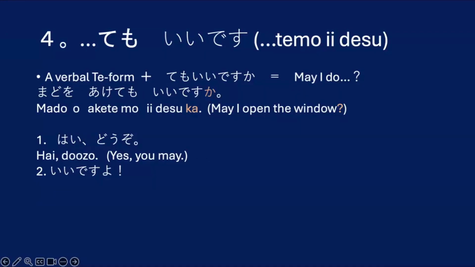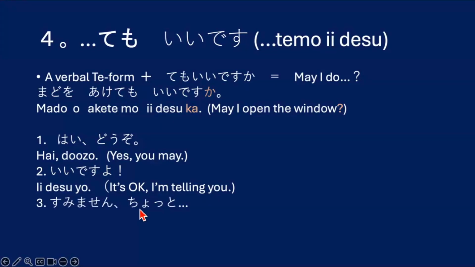So if somebody tells you, 窓を開けてもいいですか? Then if that's okay, you want to say はい、どうぞ. Yes, please, you may. はい、どうぞ. Please go ahead. Or number two, いいですよ. Someone asked you, いいですか? So you can say, いいですよ. It's okay, for sure.